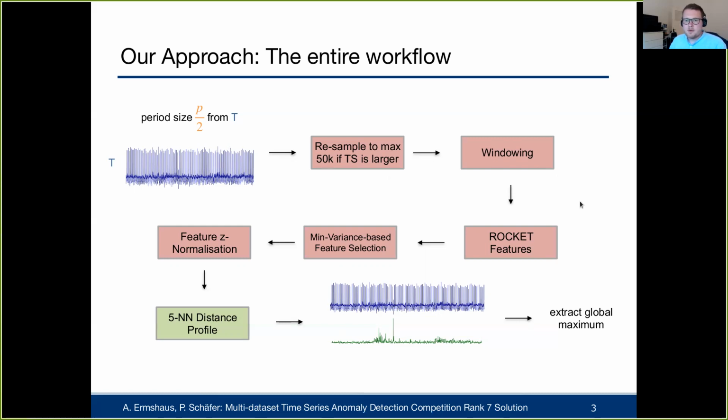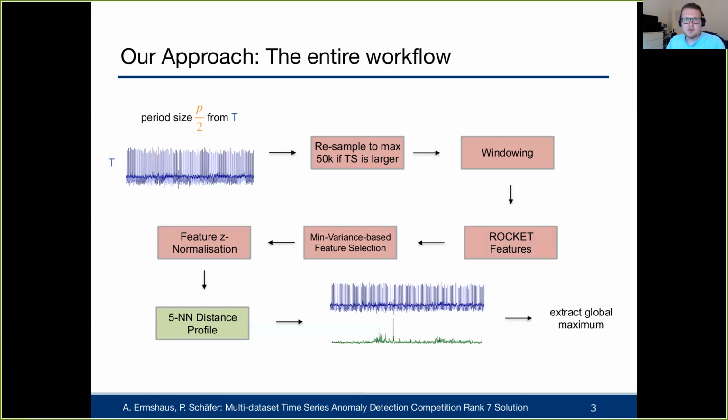Given these subsequences, we then calculate the rocket features. Maybe as a brief summary, rocket is a predefined amount of random convolutional kernels, and these convolutional kernels are then convolved with a given subsequence.